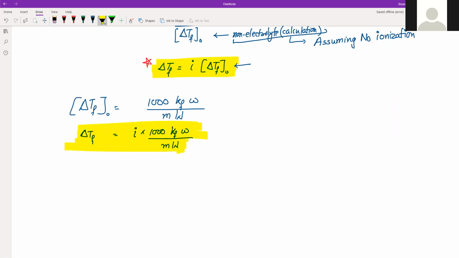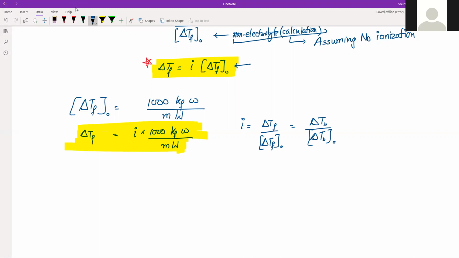And what is I? I is simply this ratio, and this ratio is again obtained experimentally. That is delta TF divided by delta TF naught, that is calculated, or delta TB divided by delta TB naught.